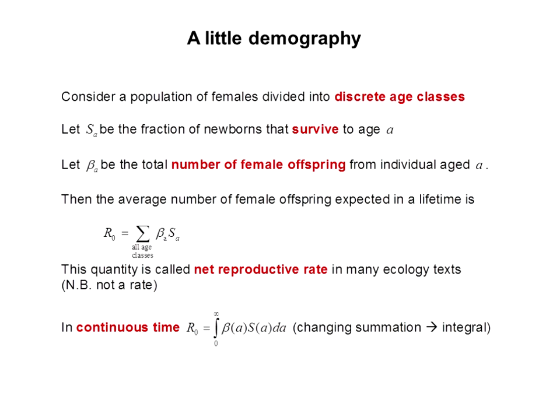So you imagine a newborn individual. It has a probability S_A of surviving to age A. If she survives to age A, she will produce beta_A female offspring. So now you just take a weighted sum of all of these and you get the total expected number of offspring to be produced in a lifetime.